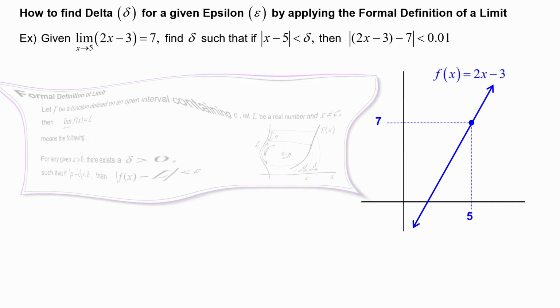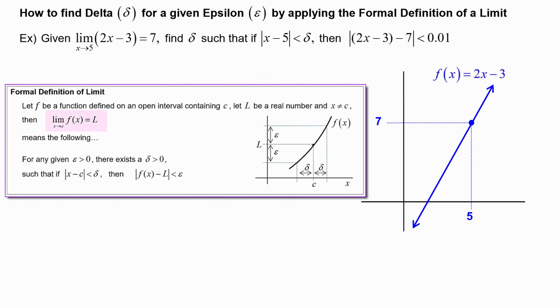Let's bring up the formal definition of limit. Now, looking at the limit here, we see that 5 is acting like c. So the c is there and there. 2x minus 3 is our f of x. So that means over here, we're taking the absolute value of f of x minus, now the 7 is L, the limit value.